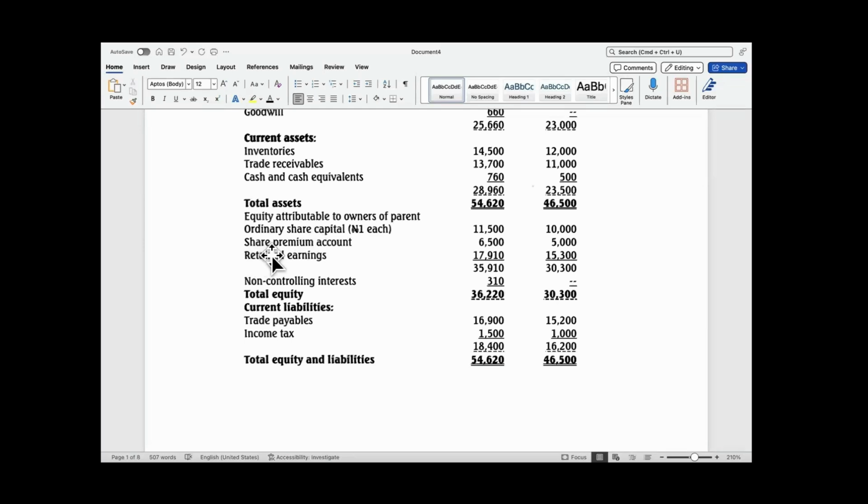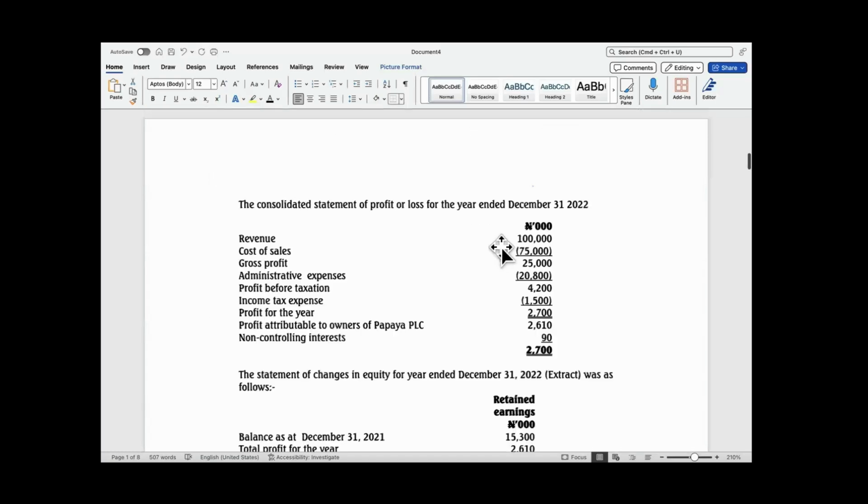Okay, so let's move to retained earnings. Our retained earnings at the beginning was 15.3. Ordinarily, as she has said, you will add profit for the year, then whatever balance. But the examiner already did it for us in this question. They already did the statement of changes in equity. And there was no dividend. If there was dividend, it would have shown here.